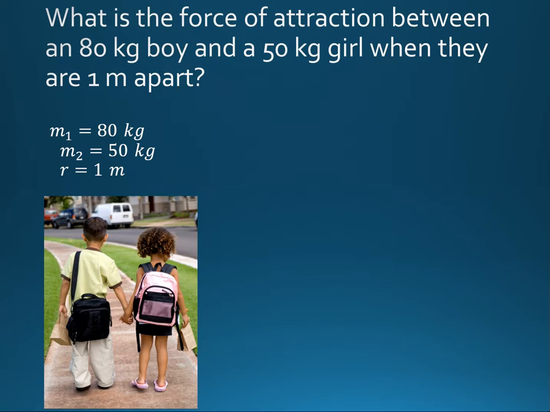An example. What is the force of attraction between an 80-kilogram boy and a 50-kilogram girl when they are 1 meter apart? Mass 1 is 80 kilograms and mass 2 is 50 kilograms, and the radius of their separation is 1 meter. We know that we're using this equation where the force will be equal to the gravitational constant multiplied by both masses and then divided by their radius squared.